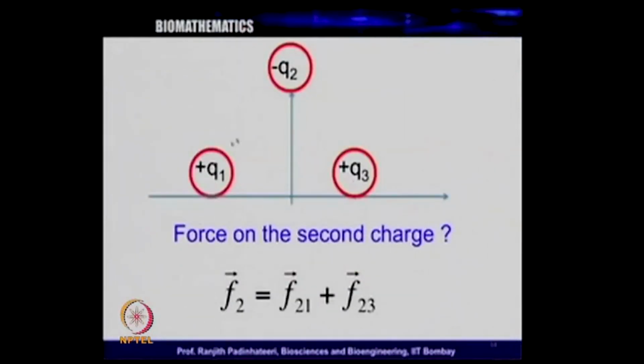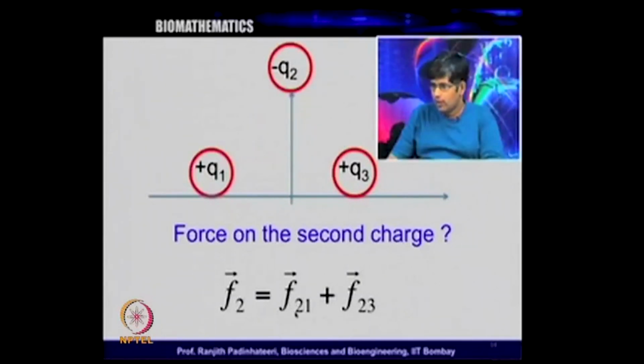So, we have 3 charges, Q1, Q2 and Q3, and we want to know the force on the second charge due to these charges. What is the force? It turns out that the force on the second charge F2 due to other charges is F21 plus F23. What does this mean? This means that the force on the second charge is the sum of force on the second charge due to 1 plus force on the second charge due to 3.